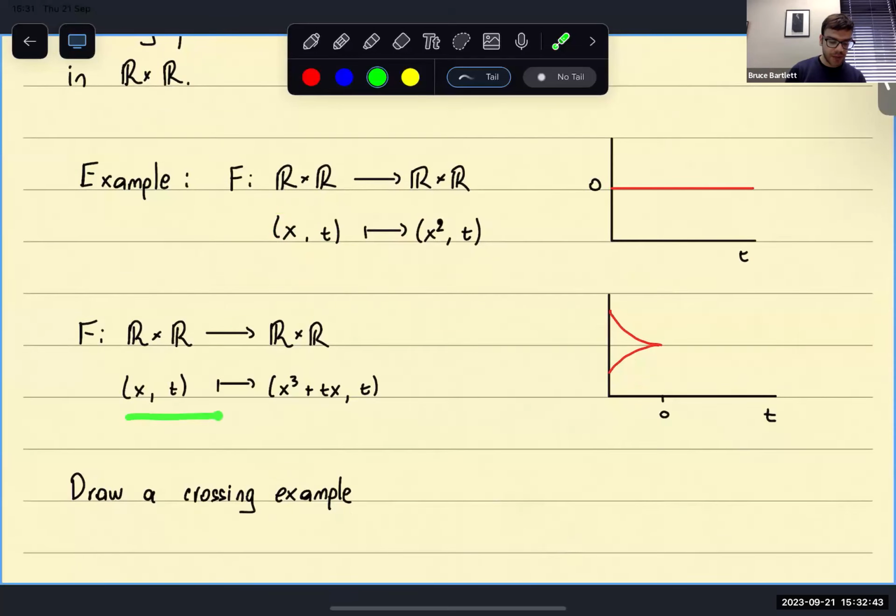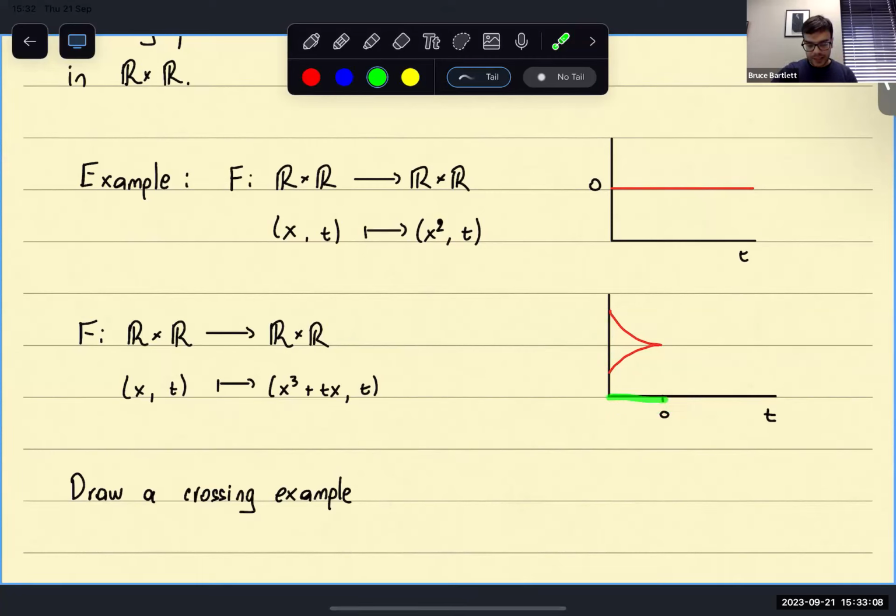Likewise, if I have the map (x, t) goes to (x cubed plus tx, t), what are the critical values of that? As we said, if t is less than 0, I have two critical points and therefore two critical values.